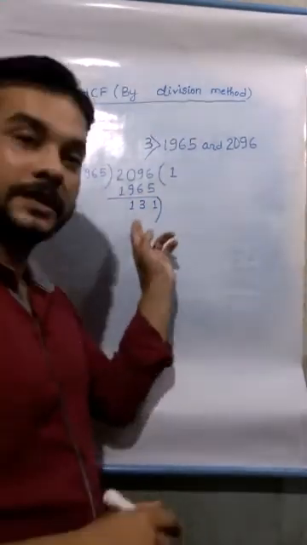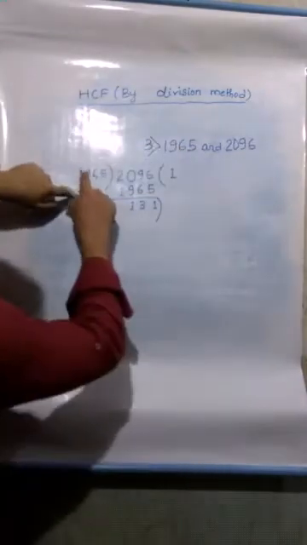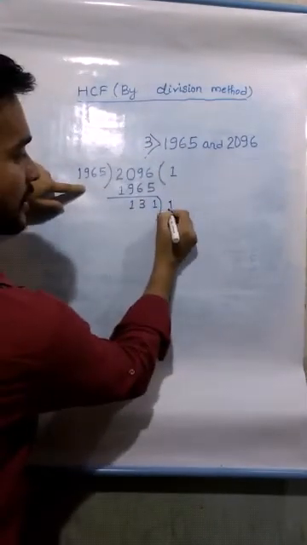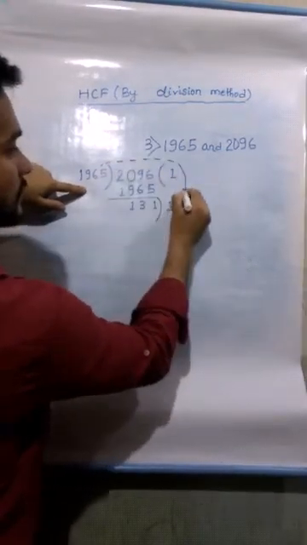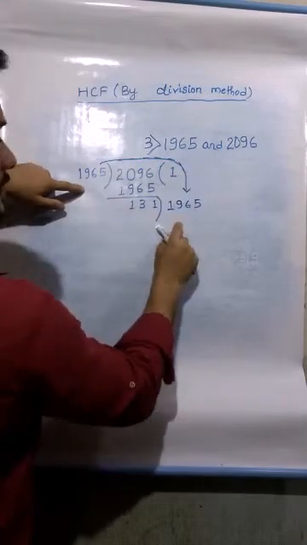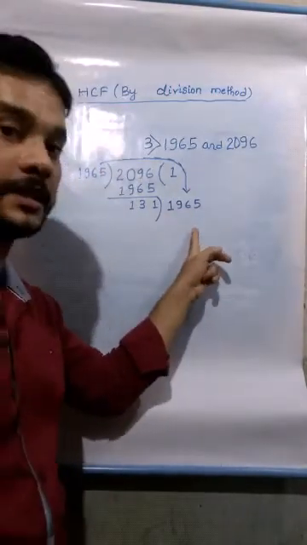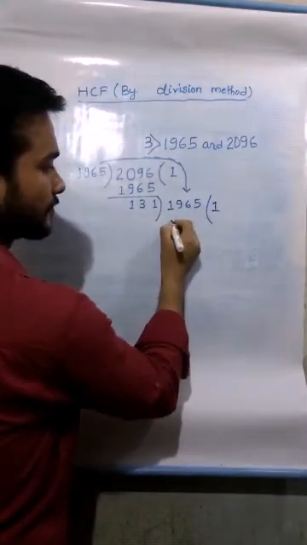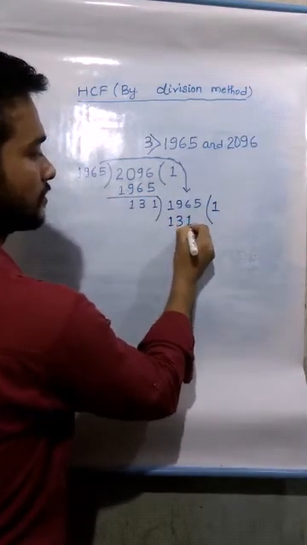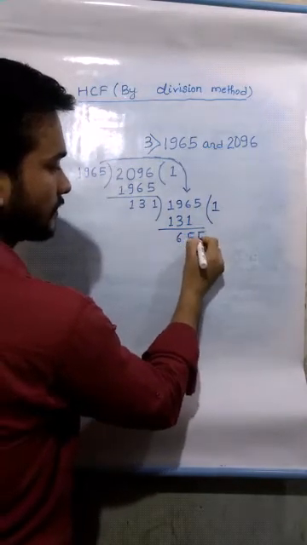The remainder will become the divisor, and this divisor will come here and become the dividend. Here I will write 1965. This is coming to this side. The remainder becomes the divisor and the divisor becomes the dividend. Now divide it again. It will go with 131. Now subtract, 5, 6, 5.